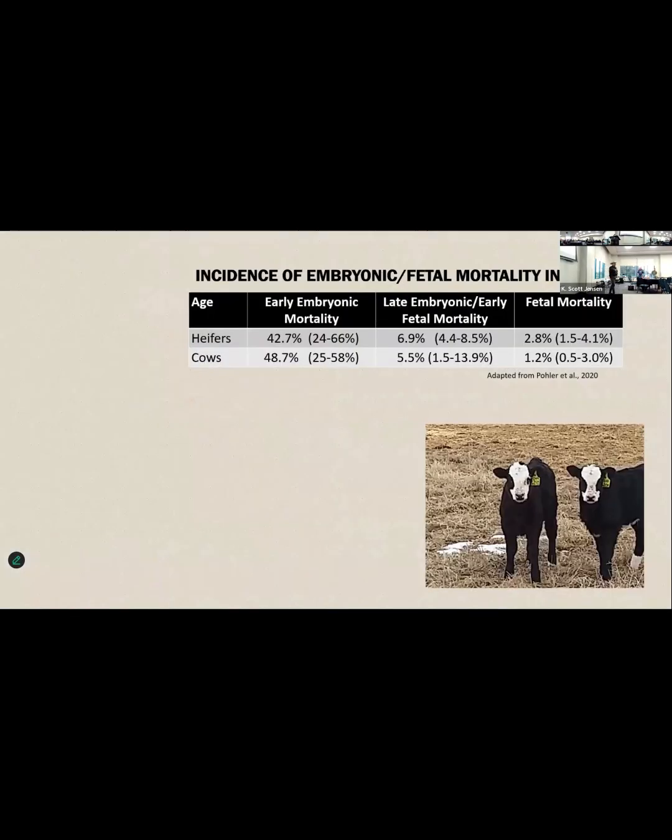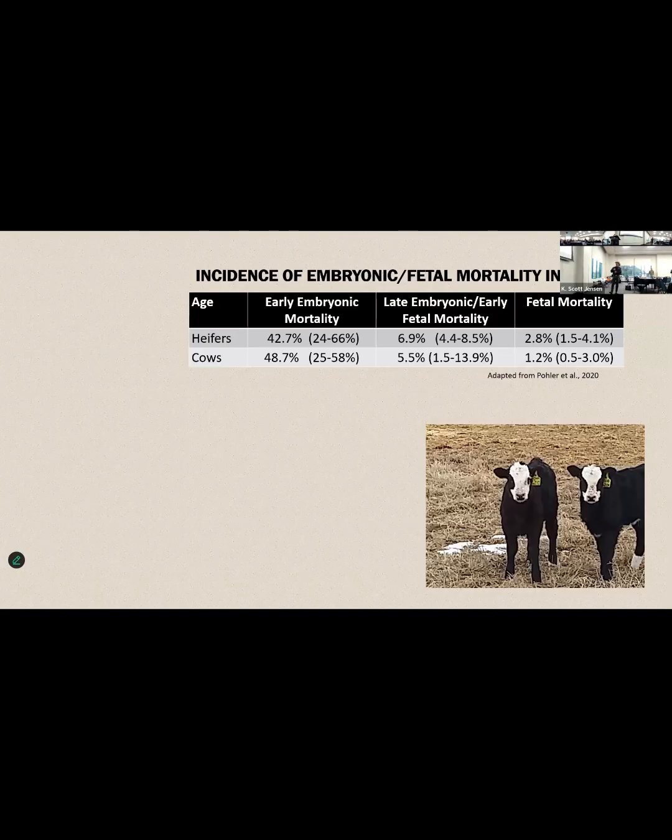So if we look at this table up here, this is work summarized from a lot of different studies that Dr. Kohler and his group looked at, and we see that early embryonic mortality is about 48, 49%. Pretty good range in variation. Late embryonic early fetal mortality is about 5%.